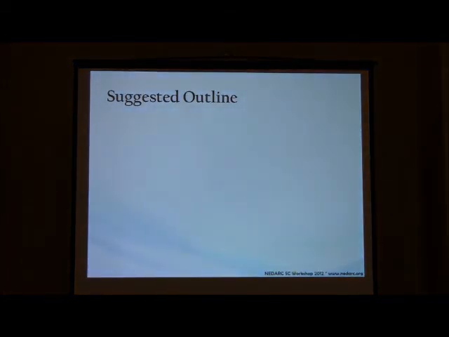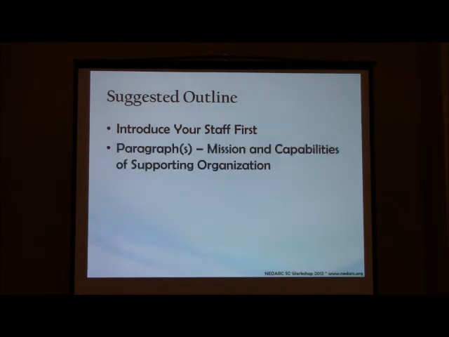So again, I did what I explained to you for the introduction. I looked at where it wrote in the FOA what they expected you to put in the introduction. I looked at the reviewer's criteria and I came up with a way of organizing it. Again, you don't have to do it this way. This is just a suggested idea. So again, an introductory paragraph to introduce you and your program.